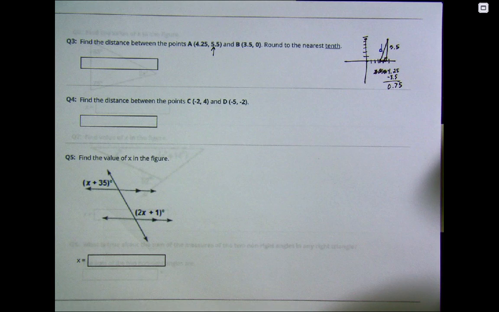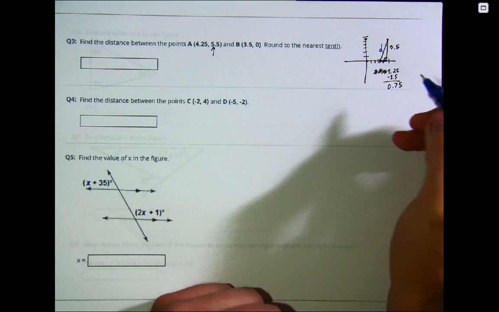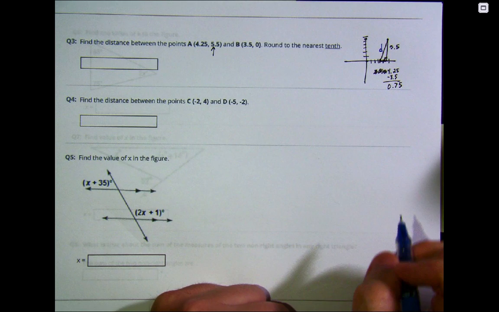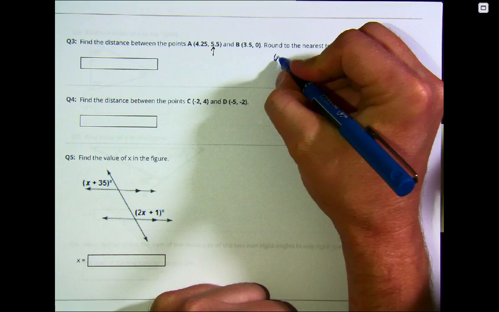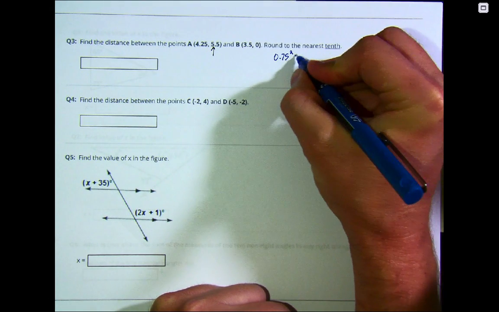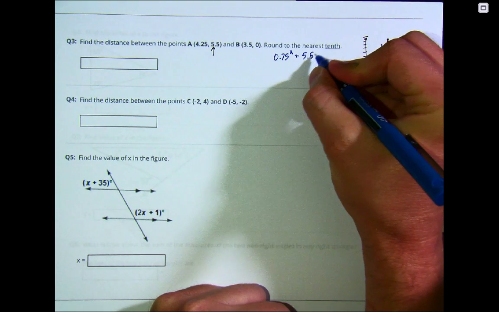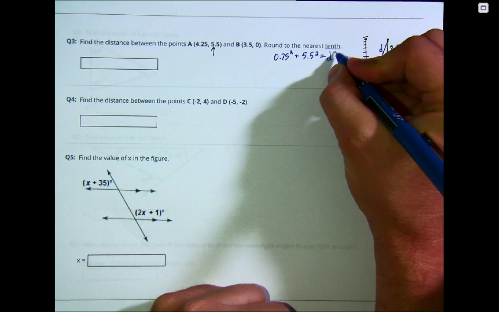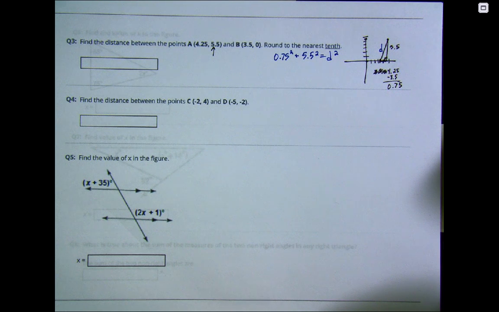So I could just do a squared, b squared, c squared with those two numbers in order to find this distance. I'll put a d for distance. You could have put a c, like c squared, or an x. So 0.75 squared plus 5.5 squared is going to equal d squared. And I definitely want my calculator for this.